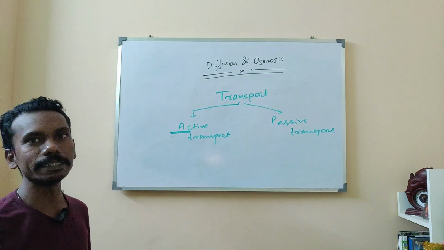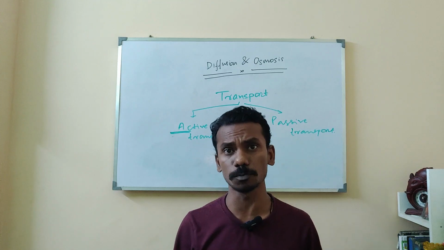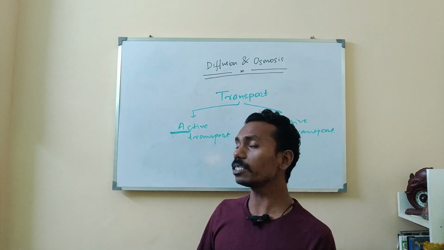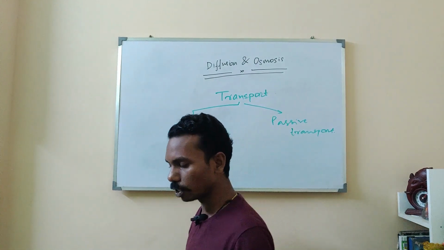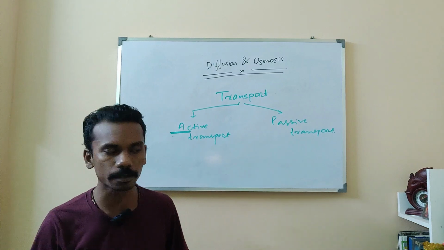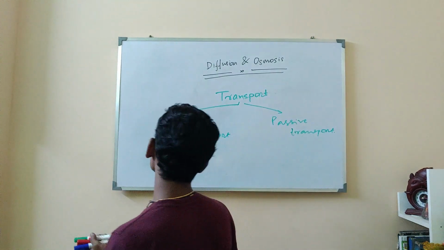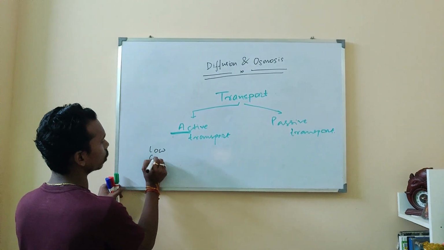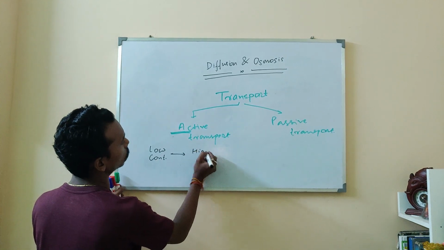Active transport basically deals with the utilization of ATP. Whenever any substance is going to move from one place to another place or one cell to another cell, it actually needs ATP. Why the need of ATP is basically going to be required there? Basically, the active transport deals with the movement of substances from low concentration region to high concentration region.